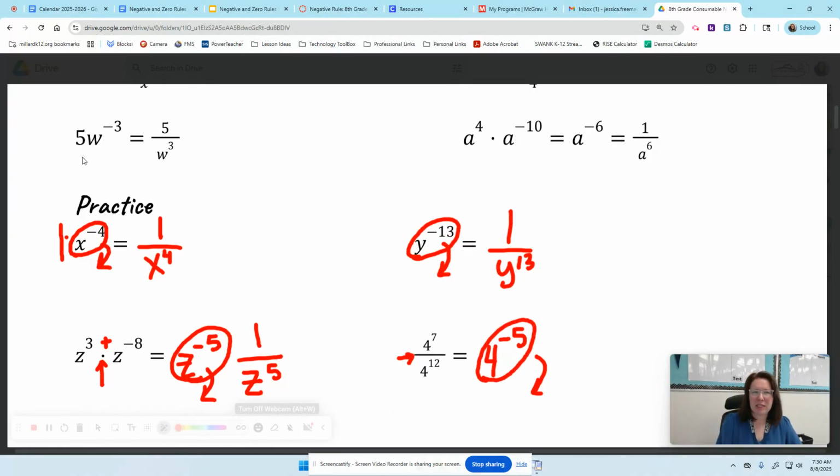Remember this example we did on the PowerPoint where 5 is not the base, so it just stayed where it was. W was the base that we took. Well, now 4 is the base because it does have the exponent, so we take it with us. It stays as a 4. So we've crossed the line, and now we change the sign of that exponent, and of course we put a 1 on top because we can't just leave it as it is.